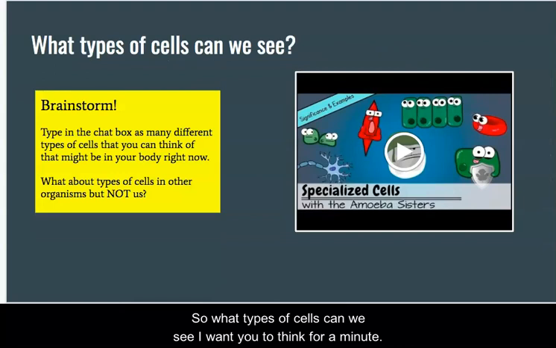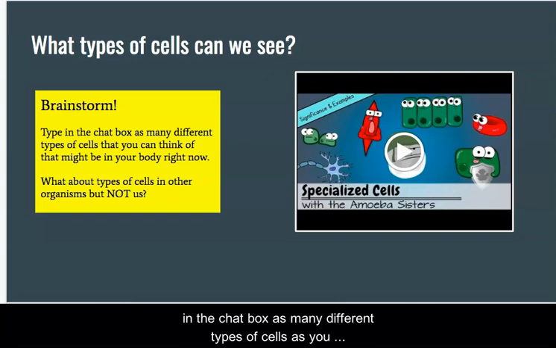So, what types of cells can we see? I want you to think for a minute, and during class, I'm going to have the class chat or type in the chat box as many different types of cells as you can think of in your body. For example, one might be skin cells. But not all of those 30 to 40 trillion cells are skin cells.